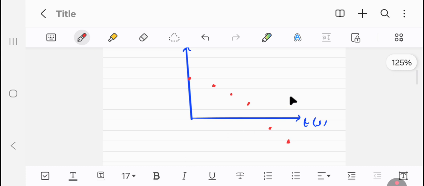So we can say our graph is gonna look something of this nature. Okay, I'm trying to see if I can make it into a curve. Okay, I think that is better.